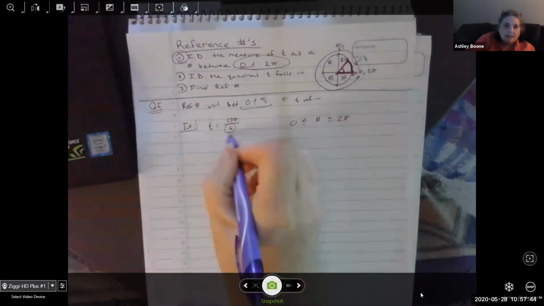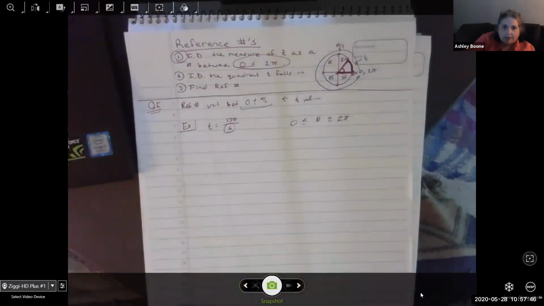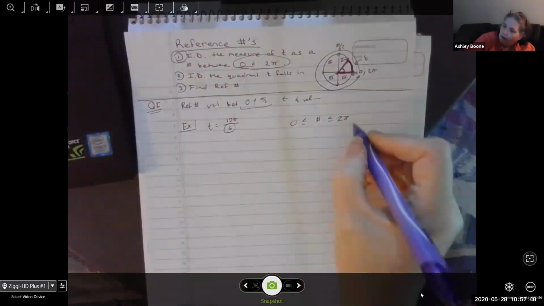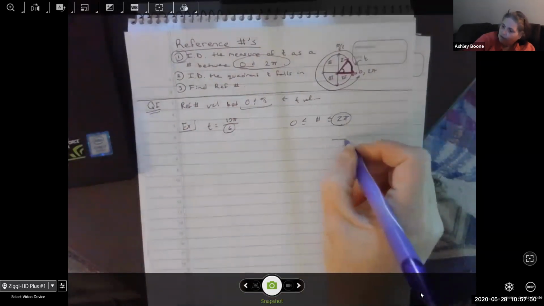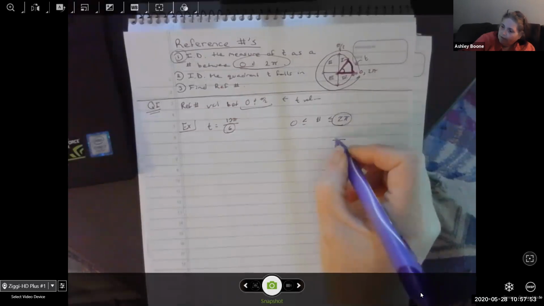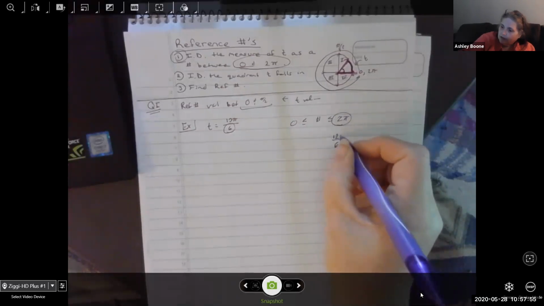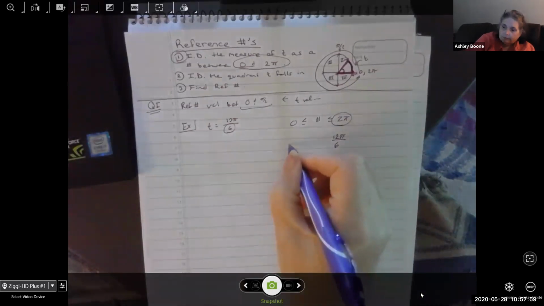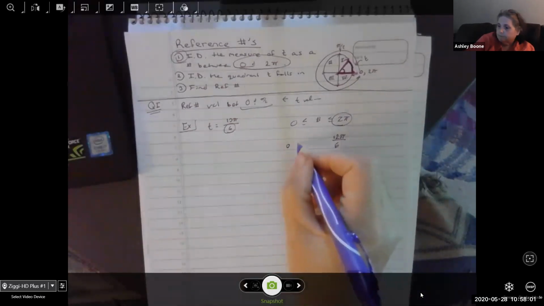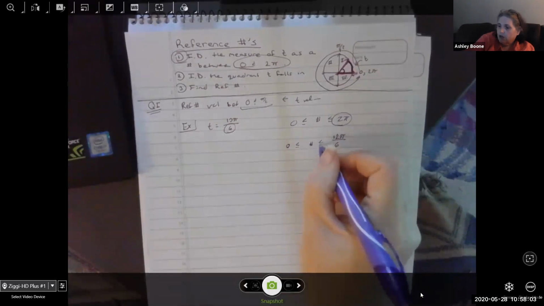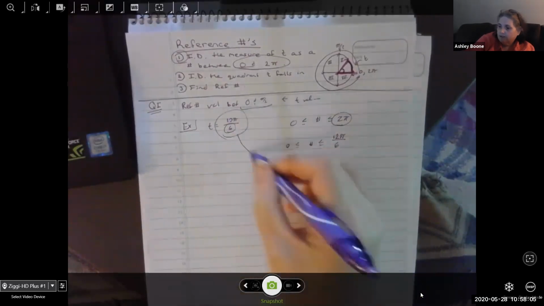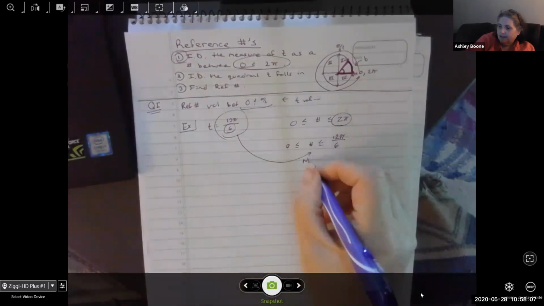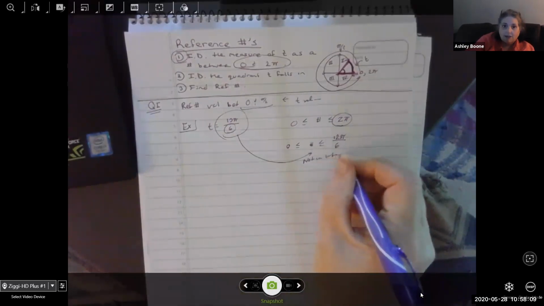We have an over 6. So if we want that to be over 6, how can you write 2 pi as a fraction over 6? Well, 12 divided by 6 is 2, so that would be a 12 pi over 6. Notice 13 pi over 6 is not in this interval of values.